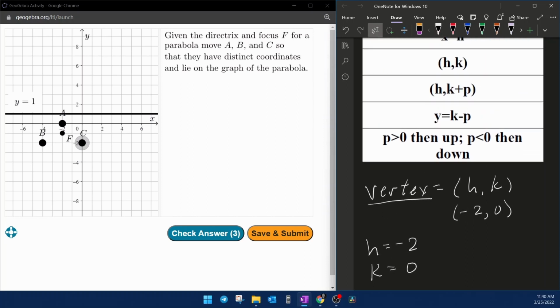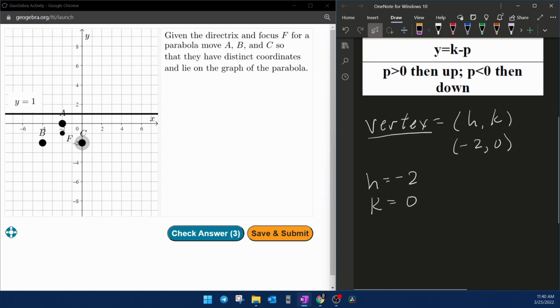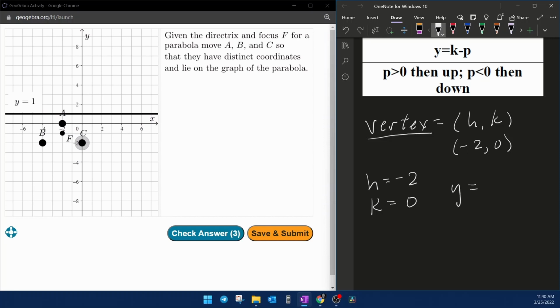Now the directrix, which I can already see is y equals 1. In our formula above, the directrix for a parabola that opens up or down is y equals k minus p. But I know k is 0, and so this is going to tell me what p is, because if I simplify that equation, y is -p.